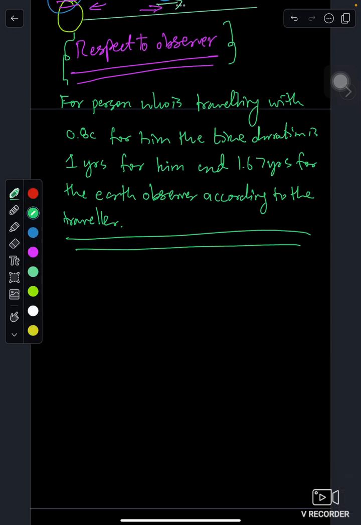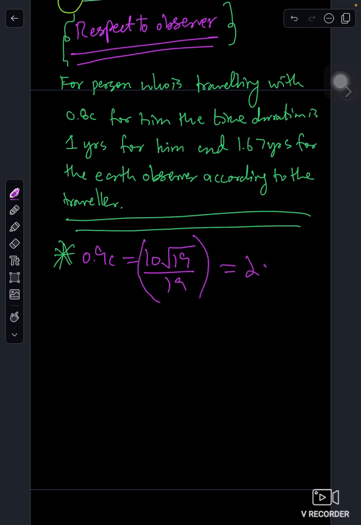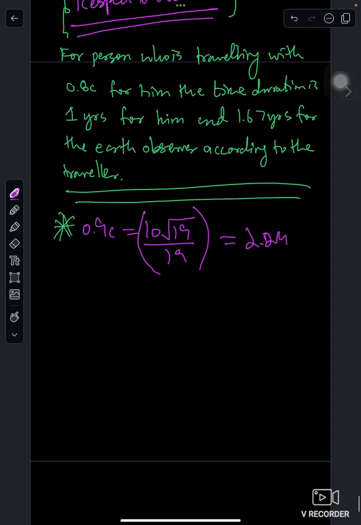Okay, so we could take more examples for the values. 0.9c would result in 10 over the square root of 19, over 19, which is 2.24, and so on.